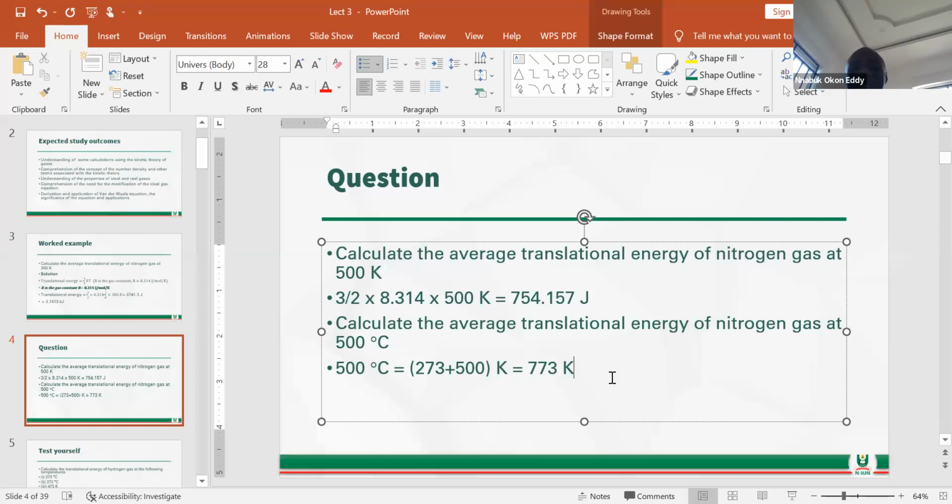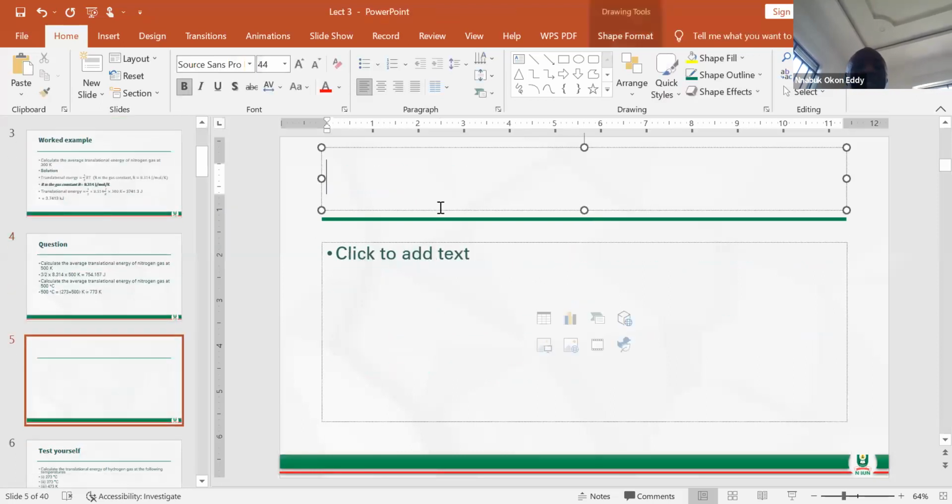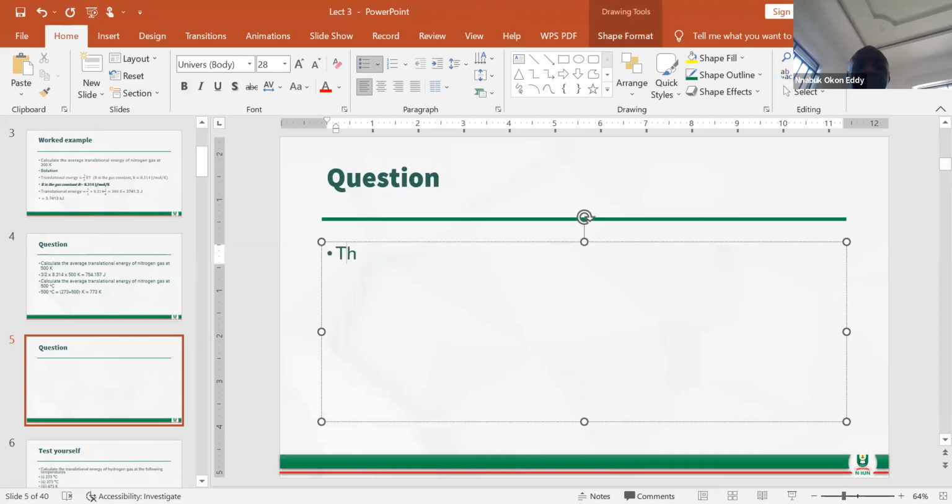Now, let me try you with a certain equation. The average translational energy of nitrogen is 3.7413 kilojoule per mole.